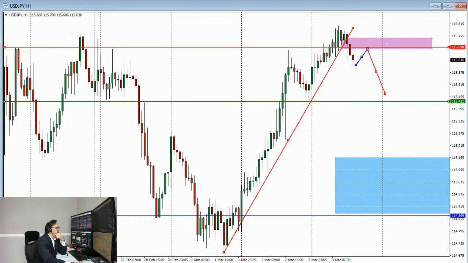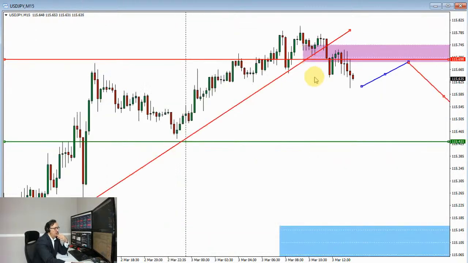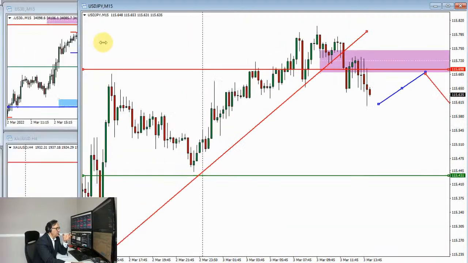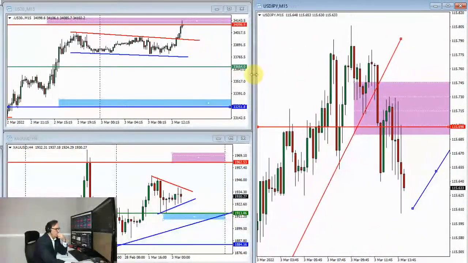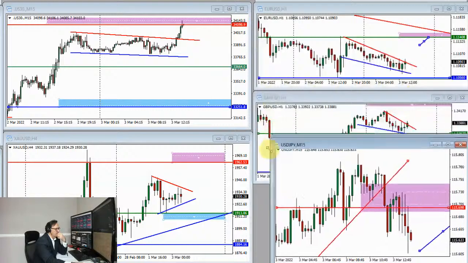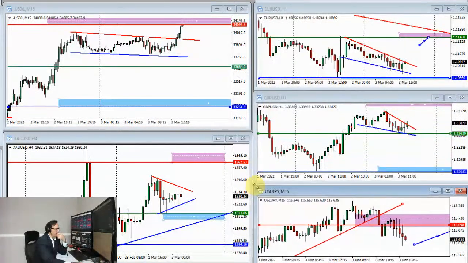So I'll show you where I am with this trade. I am in this trade, but it's currently a losing trade, because I got in yesterday at a slightly different level. So let me just see.